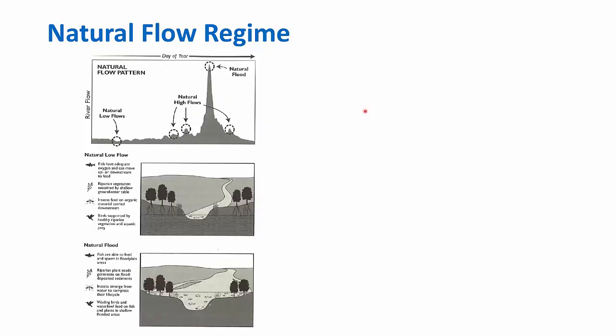So as I explained, some of the components of the natural flow regime might be low flows, might be peak flows. Here they are also called pulses, and these large flows sometimes are called floods, sometimes peak flows.